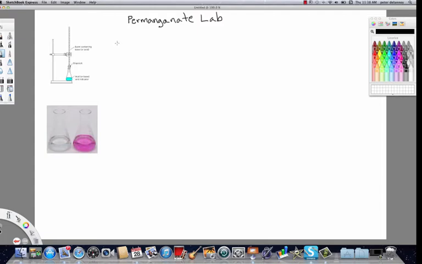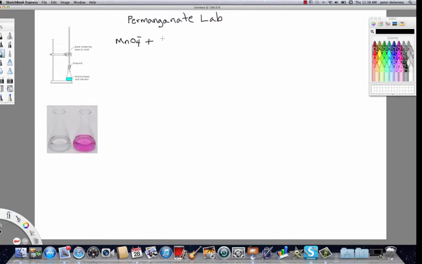Basically, this laboratory capitalizes on the solution redox reaction between permanganate, which is a strong oxidizing agent. We call it a strong oxidizing agent because it is a compound that is easily reduced.